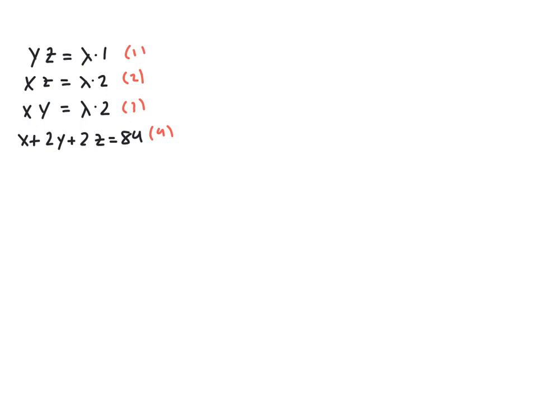And if one of the 3 variables is equal to 0, then the volume is going to be equal to 0, which would not be our maximum volume. So just as a comment that I'll make up front, I'm going to ignore all solutions of 0 for this particular problem. But that is simply because of the context of the problem. We know 0 is not going to be a solution, so there's no need to consider it.